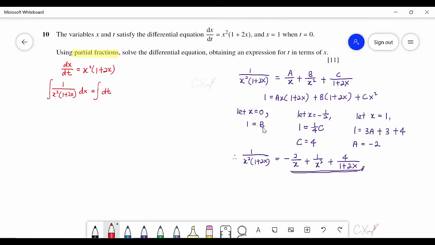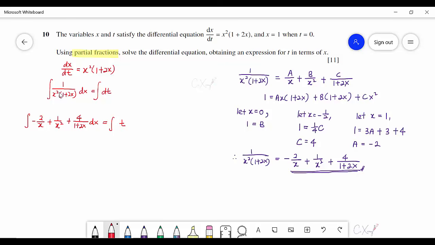Now I want to substitute the answer from this partial fraction back into my integration calculation. So I want to integrate -2 over x plus 1 over x squared plus 4 over 1 plus 2x.